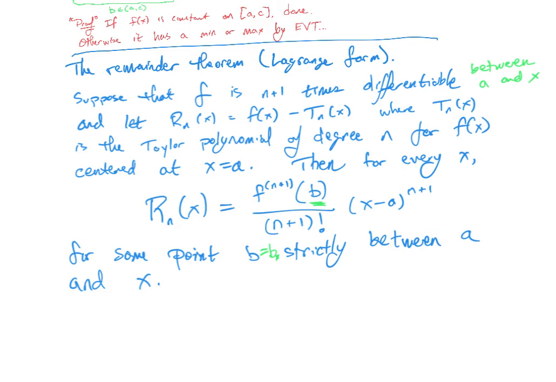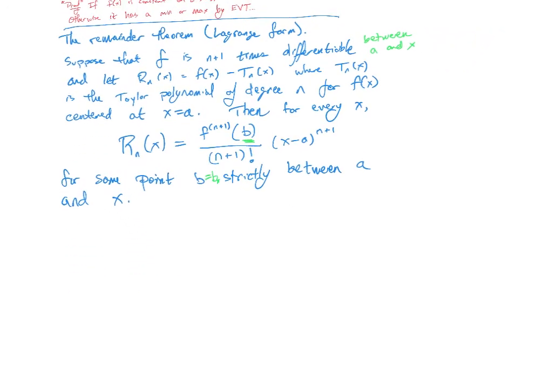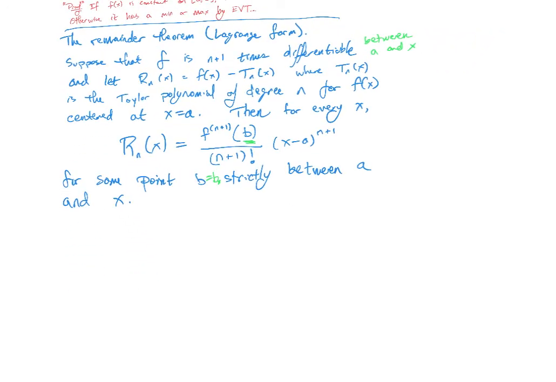Okay? Any questions on this before we prove it? So we're saying that there's just some point between, and the n plus 1 term is our bound? Yes.